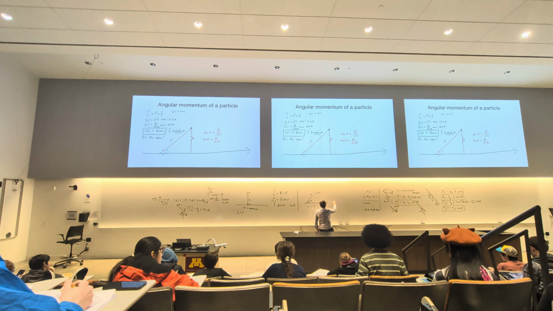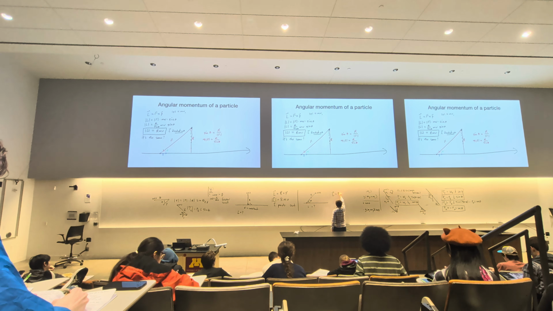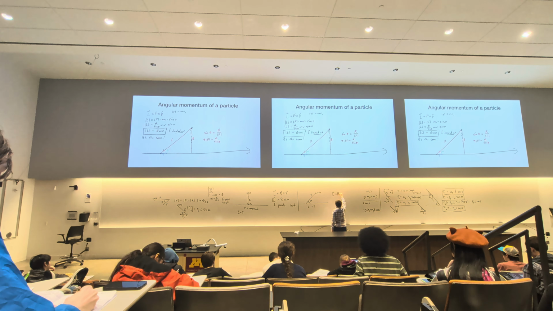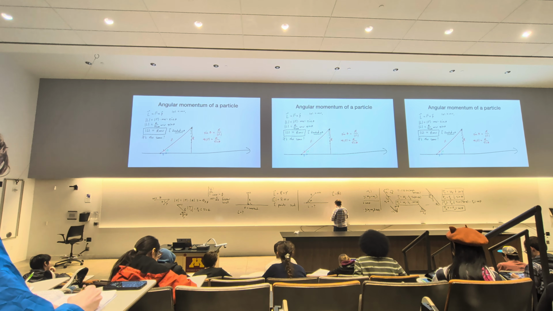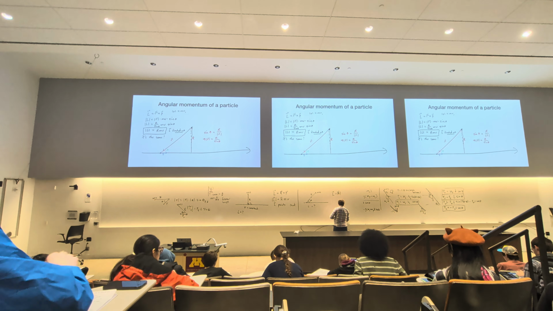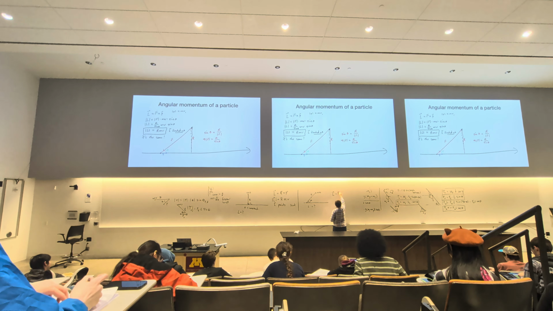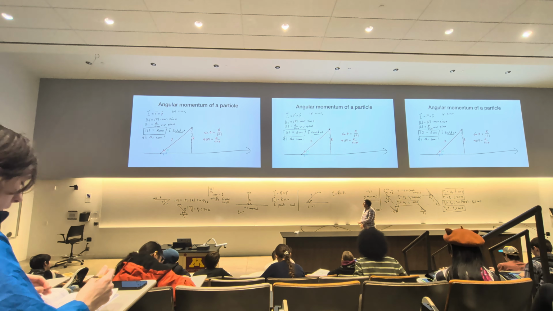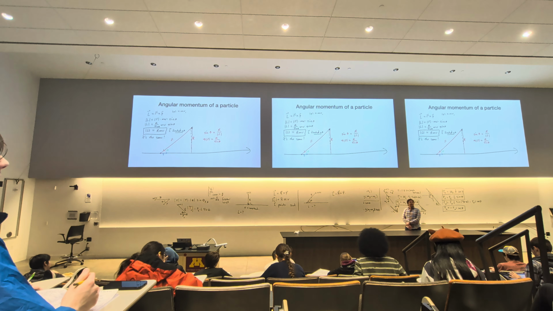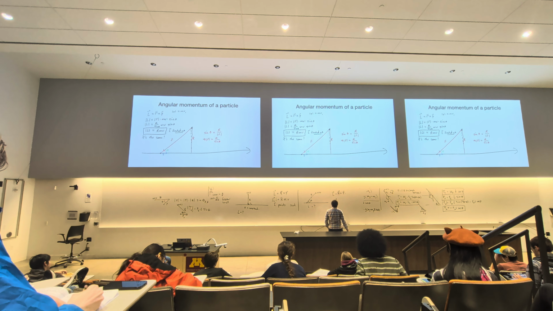So what that means is L is R magnitude times... let me write it abstractly first. It is R cross P, same as before. Okay, but now the meaning of R is different. Let's work it out.